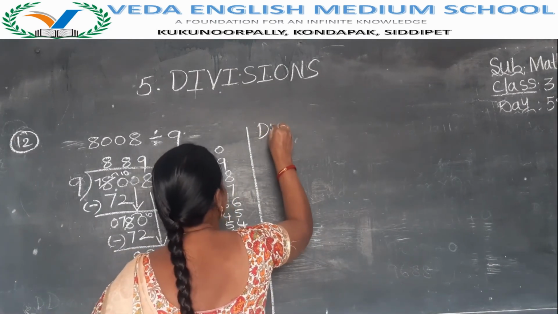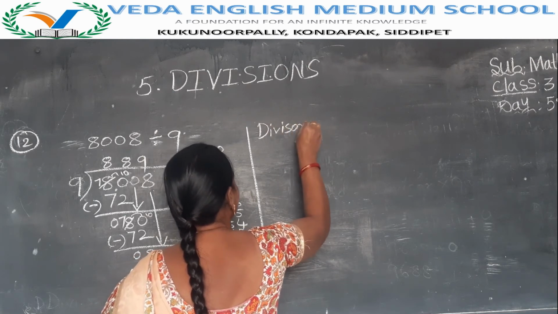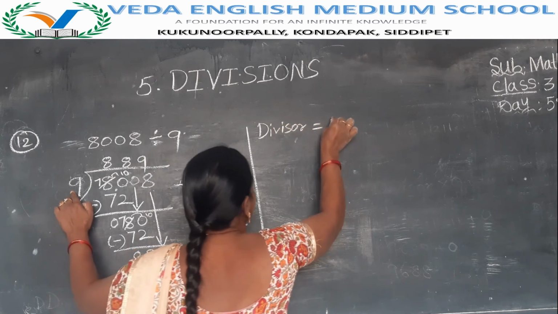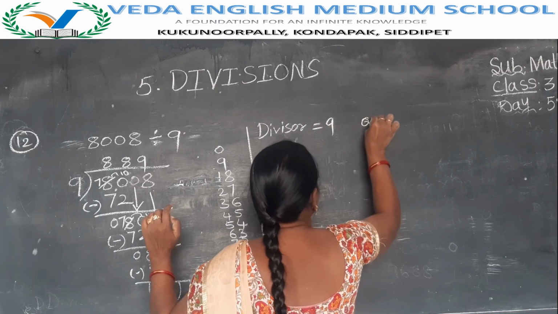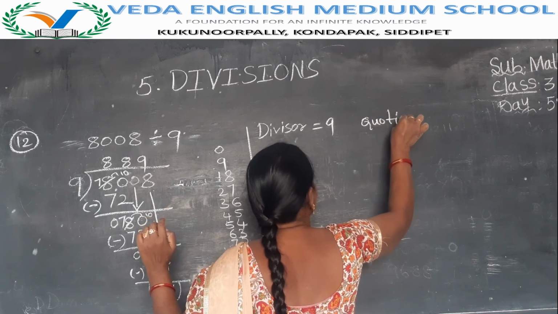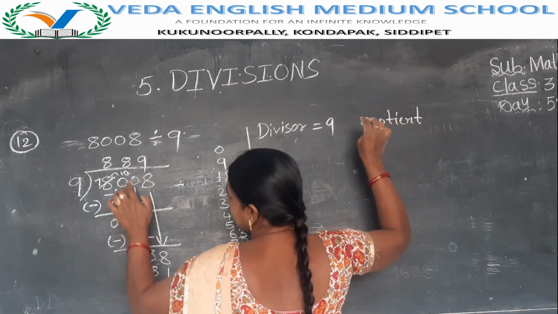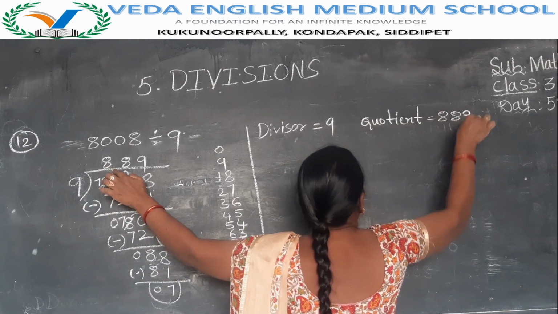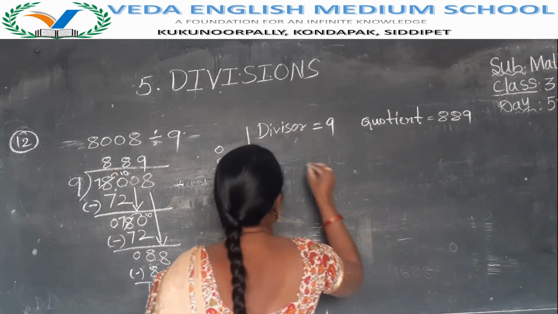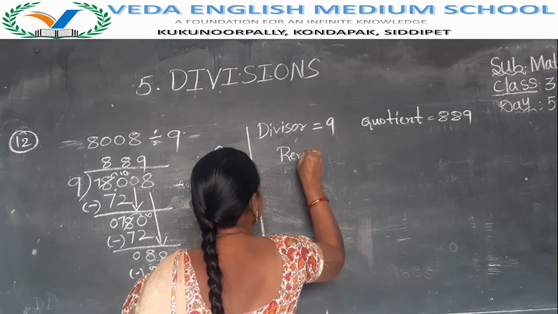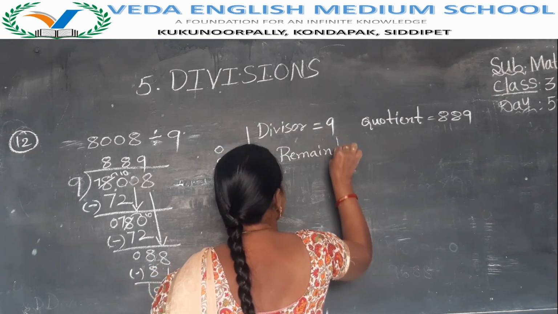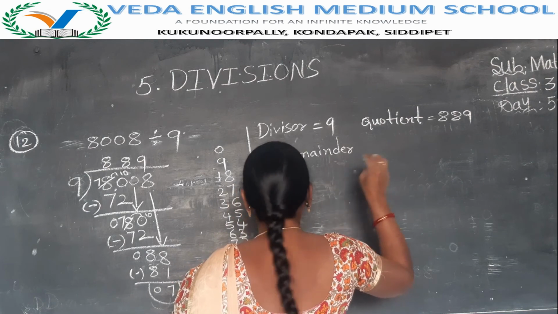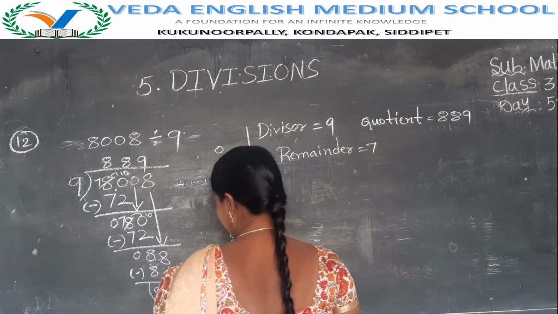Divisor equal to 9. Quotient, how much quotient? 889. Remainder is 7.